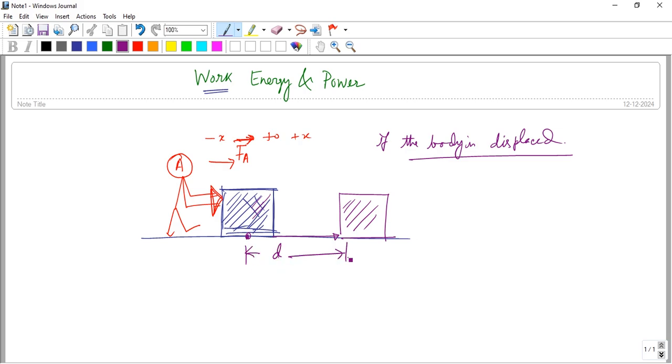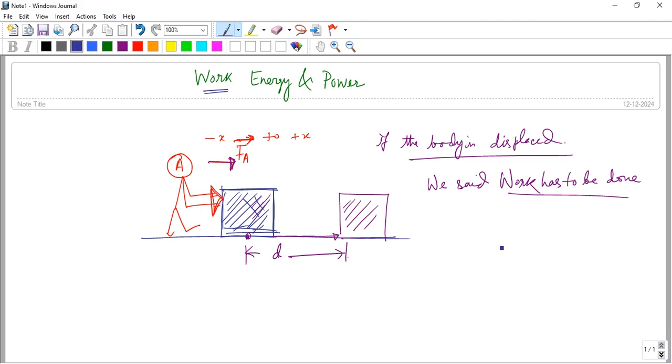We say the work has been done. Work is done when the force is applied and the body is displaced.